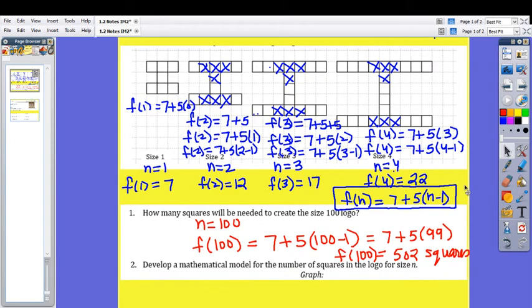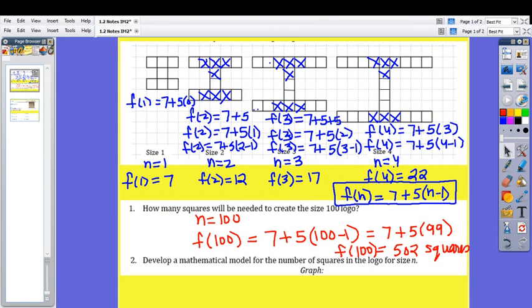And so what we figured out here was our explicit rule. Okay, then if we want to figure out the recursive rule for that one, this is how we will do it.